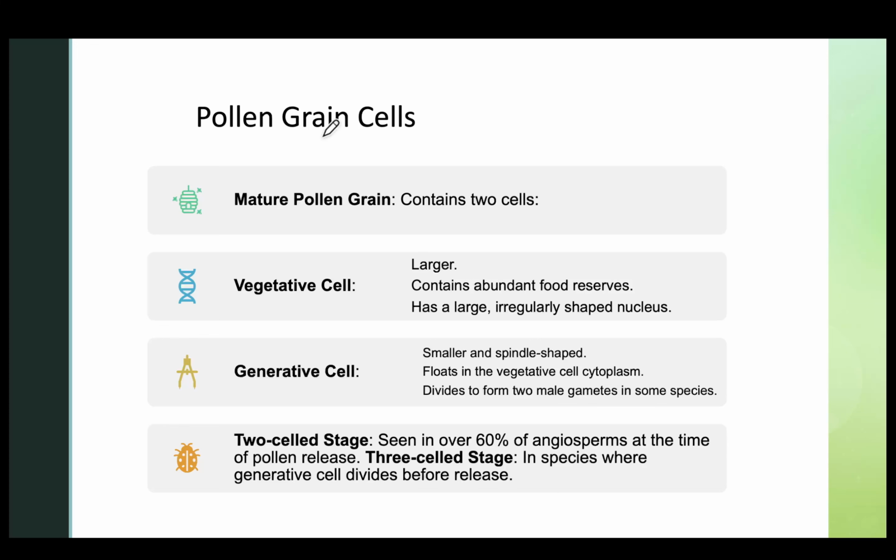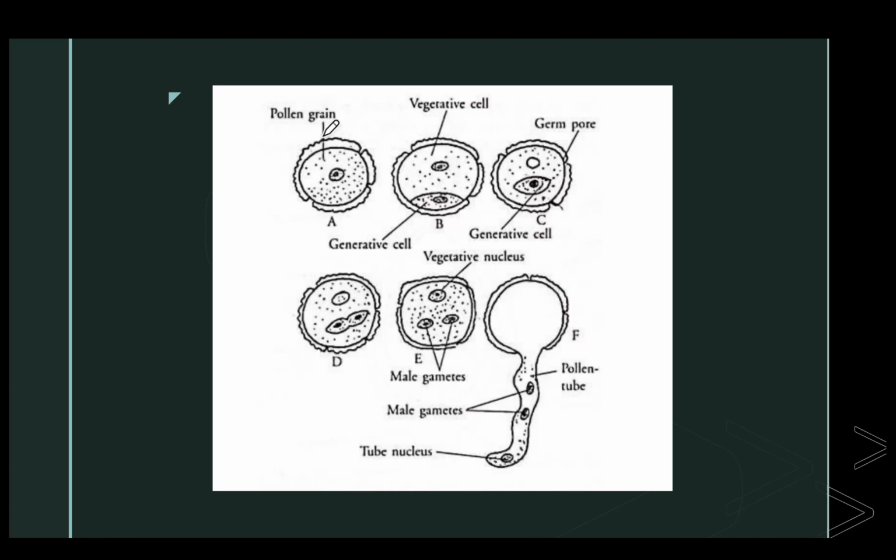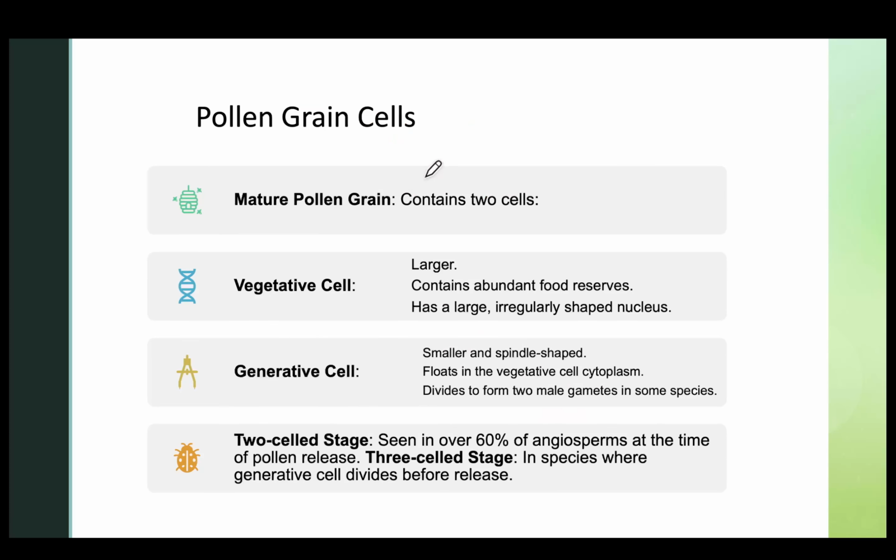If we look at the structure of the pollen cell inside the exine, we can observe two cells. So let's say this is the structure of the pollen grain. One is a vegetative cell, another is a generative cell. The vegetative cell is the larger one.